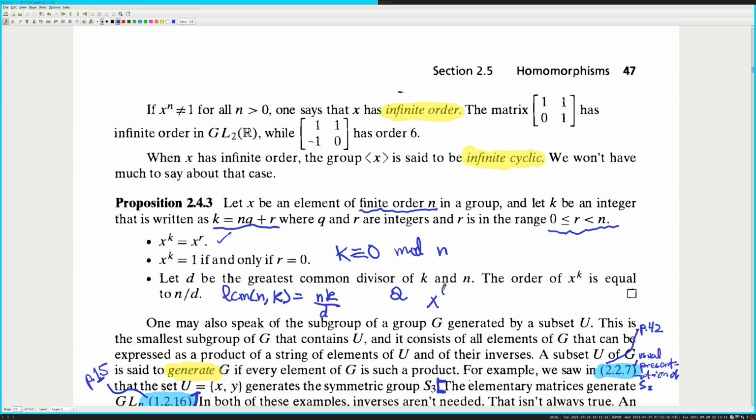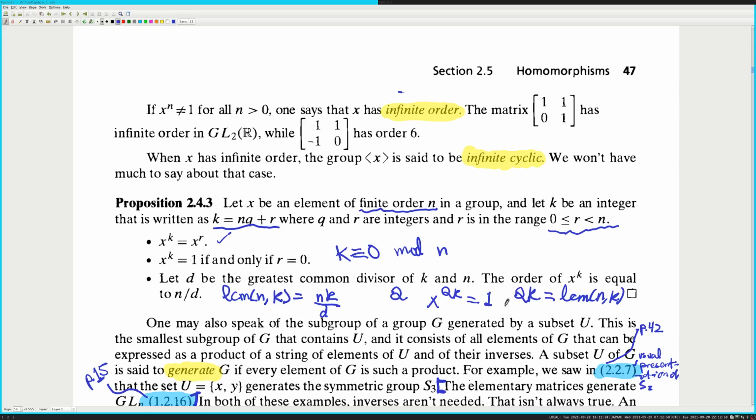So x to the Qk is equal to 1. So Q is the smallest number such that x to the k, raised to the Q power, is 1. Well then, by necessity, Q times k is equal to the LCM of n and k.